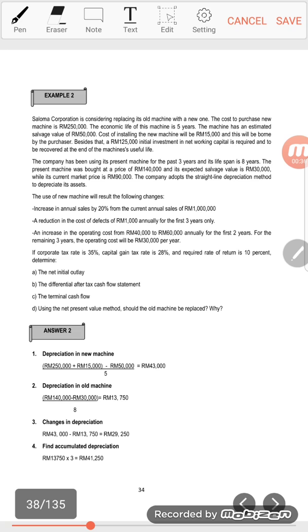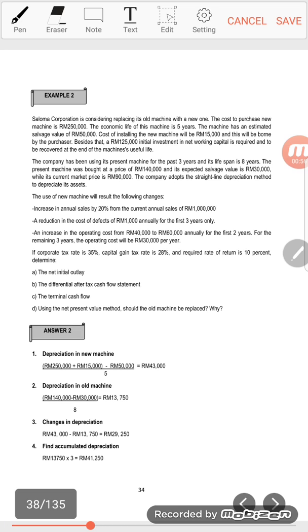The machine has an estimated salvage value of 50,000 ringgit. The cost of installing the new machine will be 15,000 ringgit, and this will be borne by the purchaser. By the purchaser, meaning that the company should bear the cost of installation.